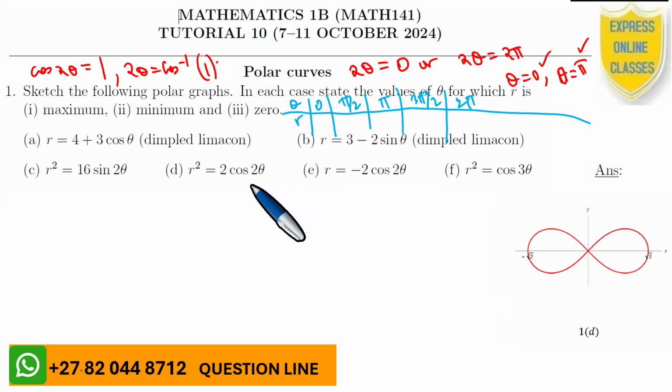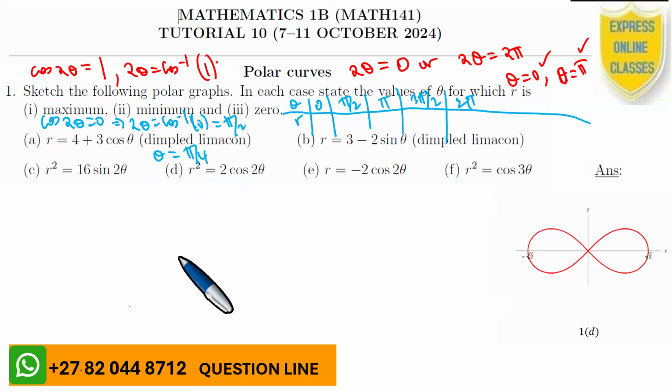But you'll have to take note of when this graph is going to be 0. It's going to be 0 at arc cosine 0, which is pi over 2. Divide pi over 2 by 2, you get pi over 4. So we'll have to take pi over 4 for this one also. You can see that this one occurs at 0.